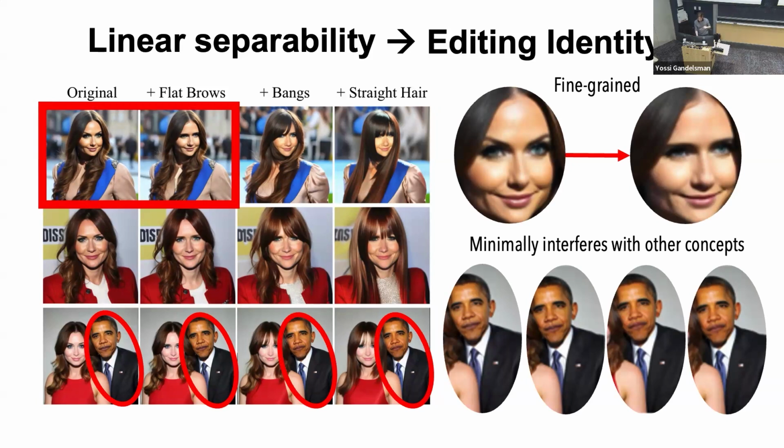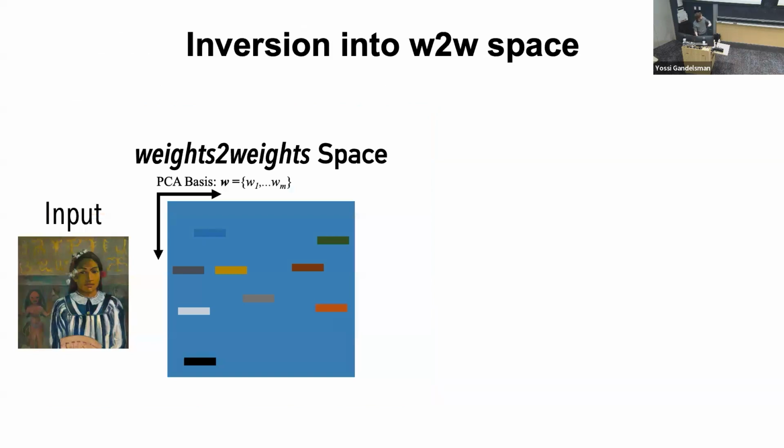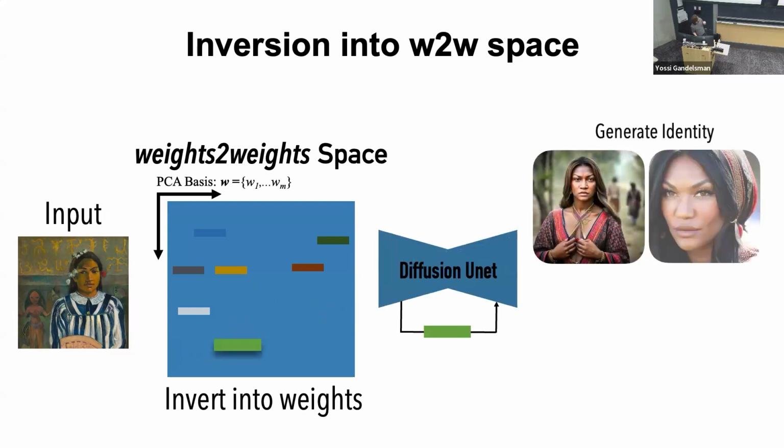What else can you do with this weight space? You can take an input image and invert it into the model. You can train a set of weights that reconstructs this specific image. And not only that it reconstructs it, it has to live in the weight space. You can do it in many ways. You can, for example, learn the coefficients of the principal components such that you will be able to reconstruct that.